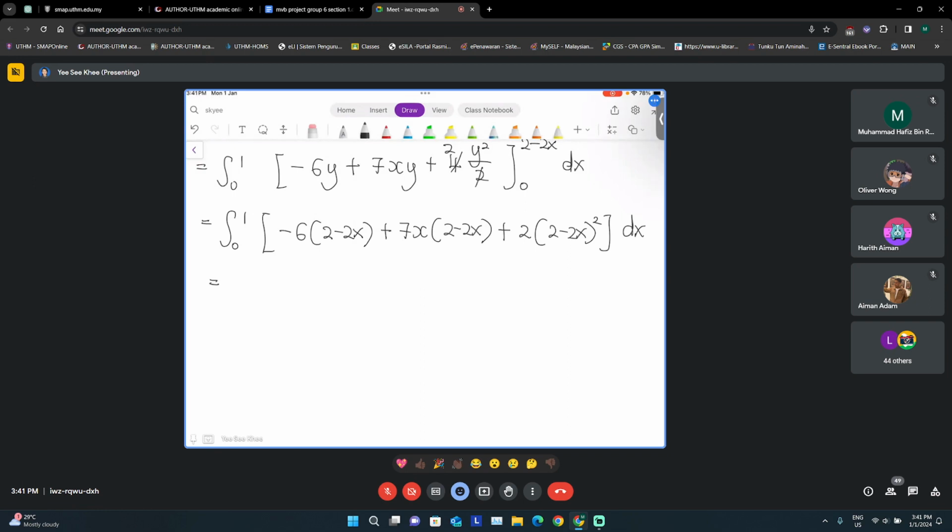Let's try to key in the calculator. Negative 6, plus 2 bracket 2 minus 2x.